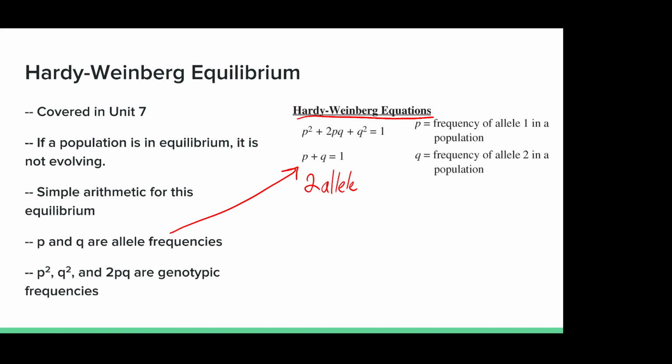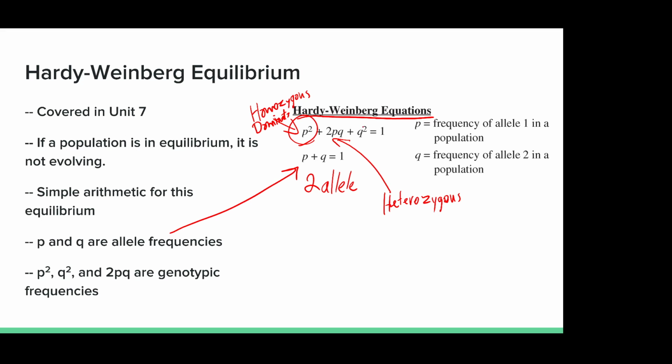So that's where the top equation comes in. p squared is our value for the homozygous dominant. 2pq is the proportion of the population that is heterozygous, in other words, that has one version of each of the two alleles.